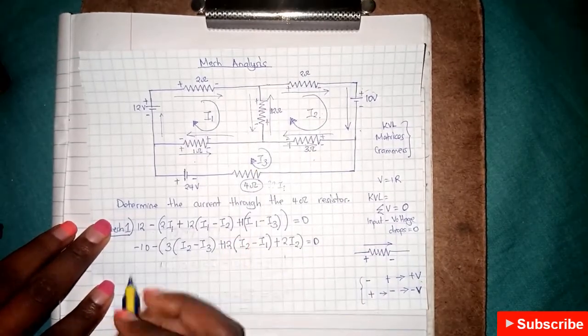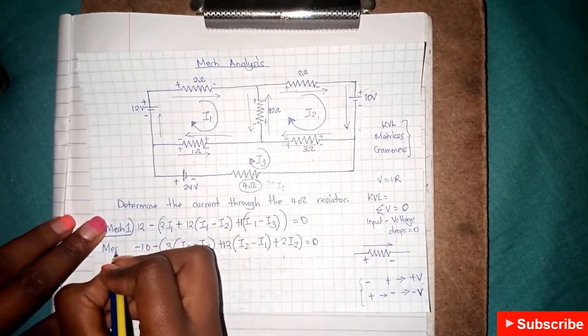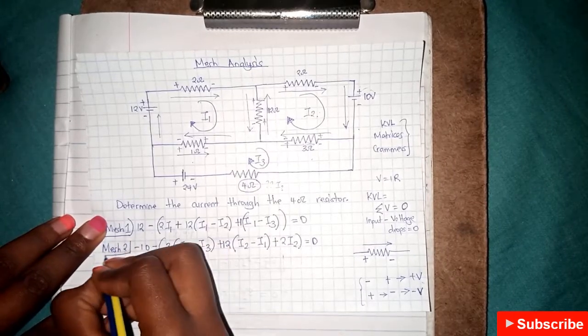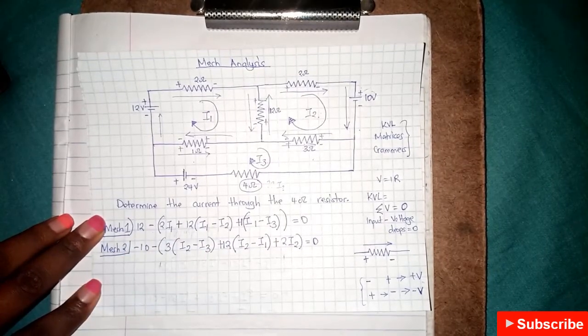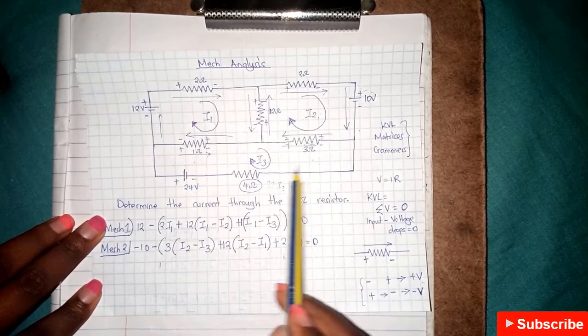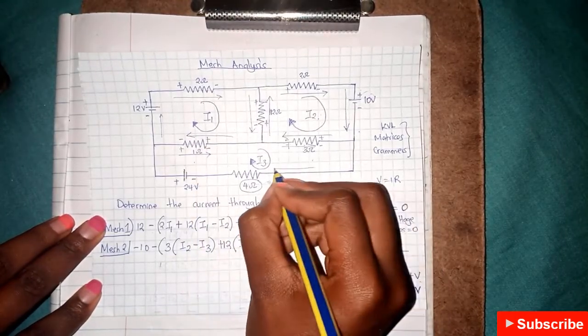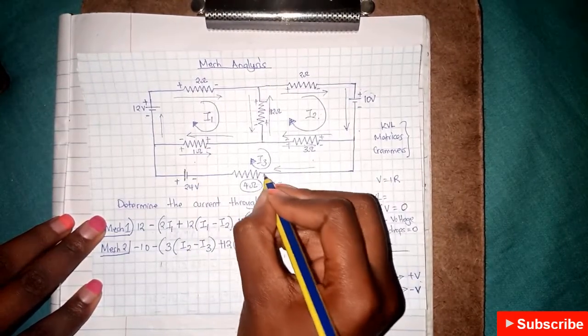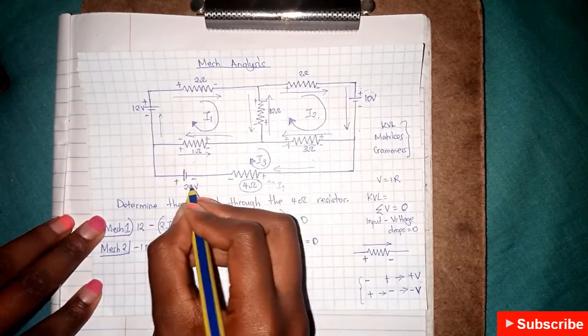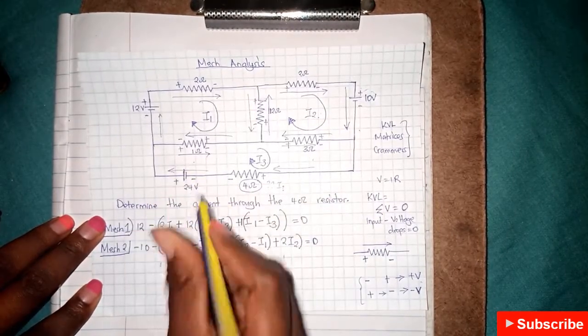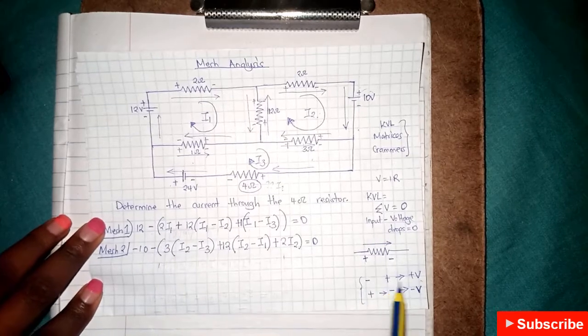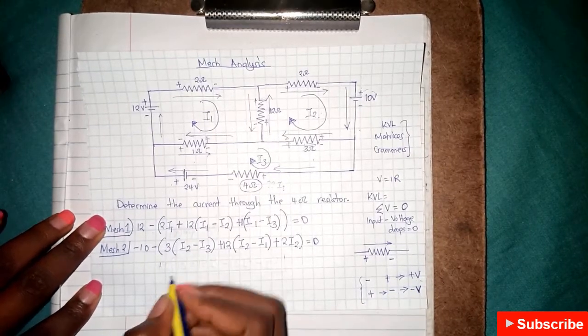And this is the mesh 2 equation. In the last one, this mesh, current flows this way. So this is positive, negative. Then this way, from negative to positive, we've said it's a positive voltage.